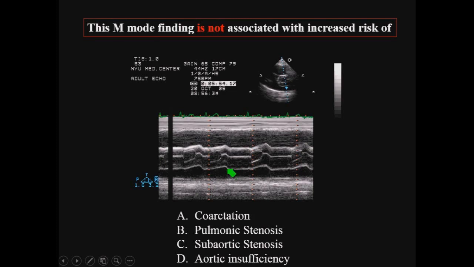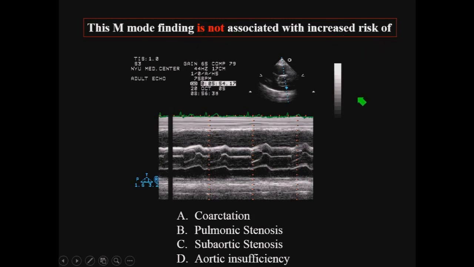Now, as you will find in your test, very frequently, you can make the diagnosis, but that's not what they ask you. They ask you, this M mode finding is not associated with increased risk of.